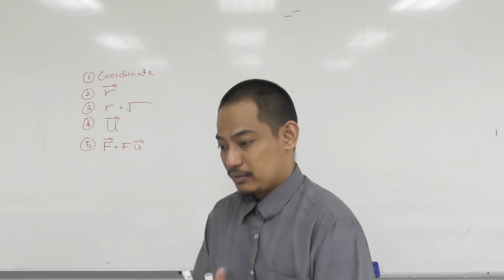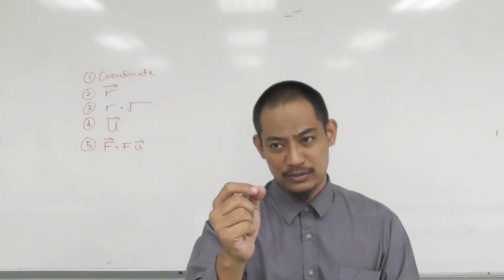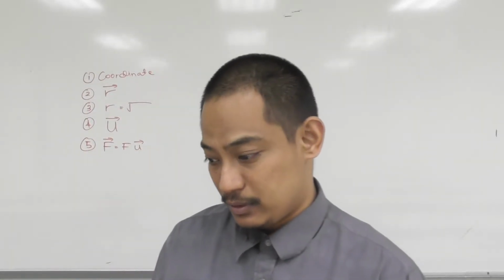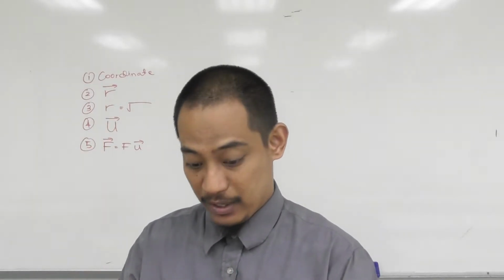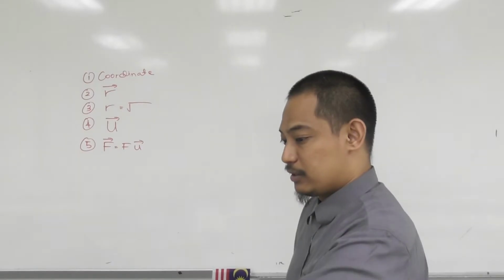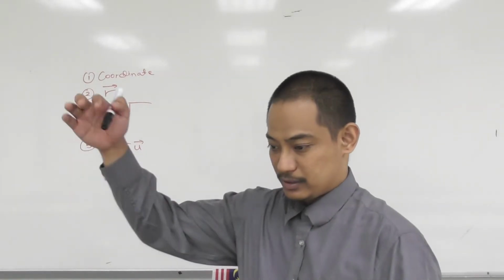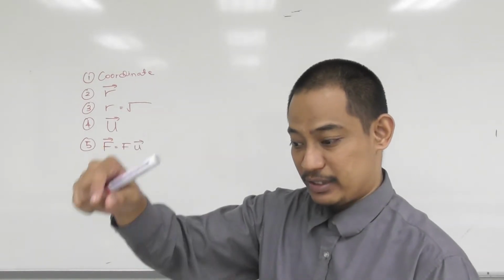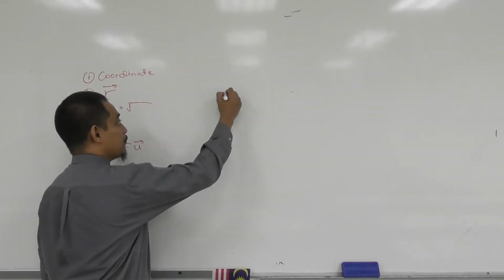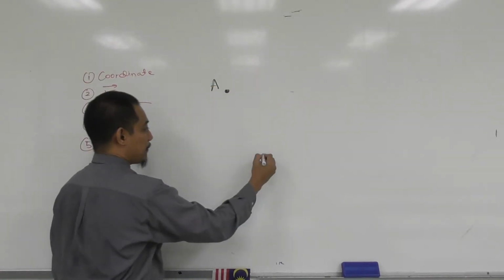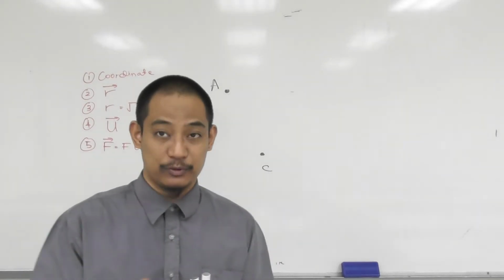Okay, but from the question, from any diagram, you need to be able to just take out what is important. For example, the pole is not important, right? What is important for us is, okay, I want FAC in vector form, right? It's along the line from point A to point C. So for me, what is important is, what is point A? What is point C? That's the only two points that are important to me.